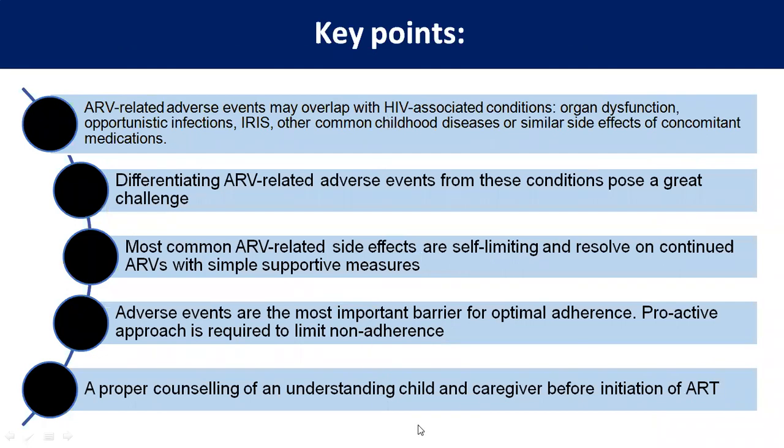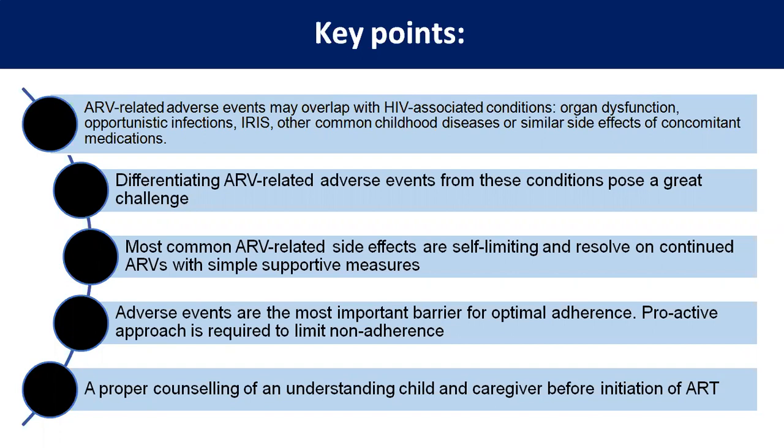ARV-related adverse events may overlap with HIV-associated conditions, not only HIV, but also opportunistic infections. That may be due to organ dysfunction, opportunistic infections, IRIS, other common childhood diseases, or similar side effects of concomitant medications. Sometimes the drug may be the cause.